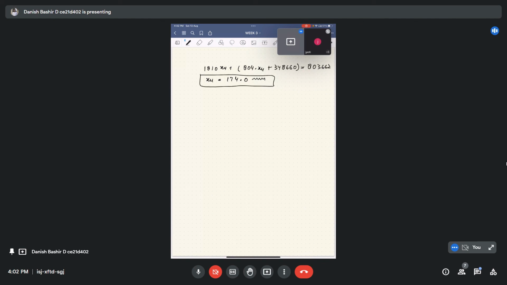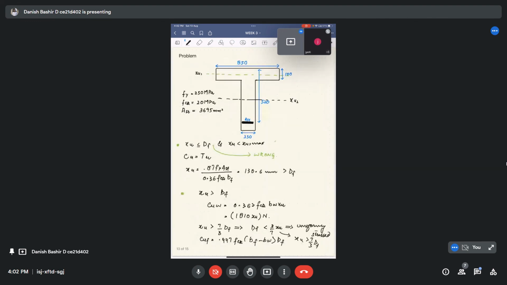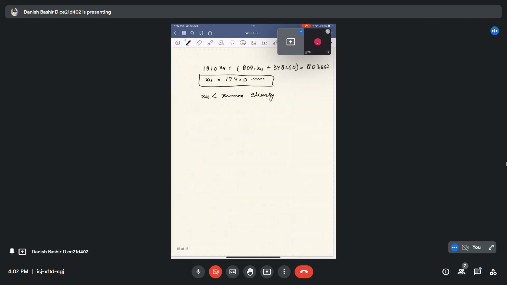Let us check the assumptions. Is XU less than XU max? Clearly, you can check it for FE 250, it will be less than XU max. And so our assumption of using FST as 0.87 Fy is okay.